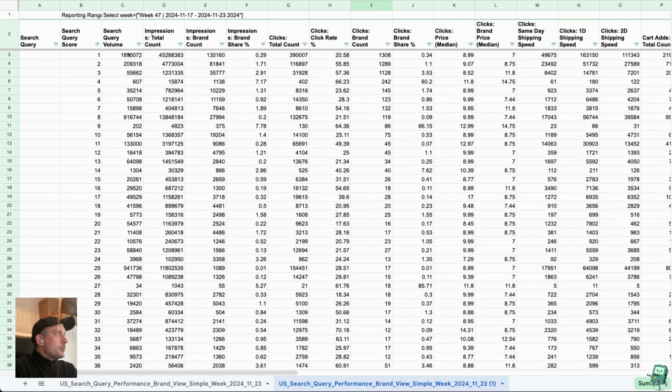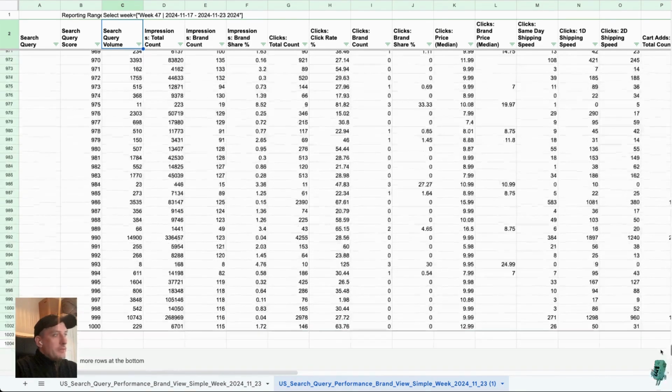Then next would be search query volume. Search query volume is how often a specific search query was searched for within that given time frame. So here it's a week. A search happens when somebody is looking for it.